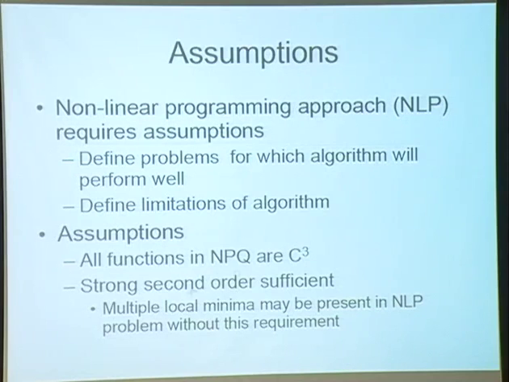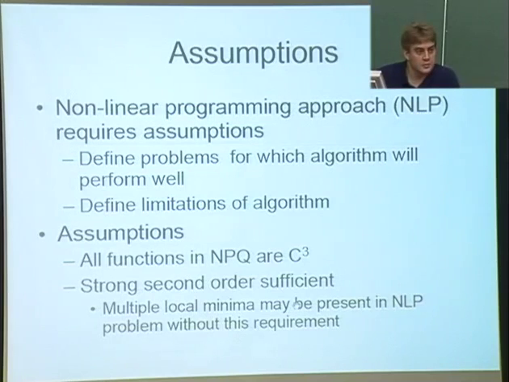And they also have to satisfy strong second order sufficiency. This strong second order sufficiency is required for the convergence of the quadratic programming problem inside the algorithm. If you don't have this, you'll end up with a lot of local minima that the solution may be converging to.